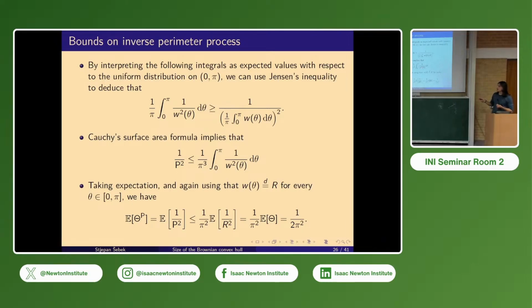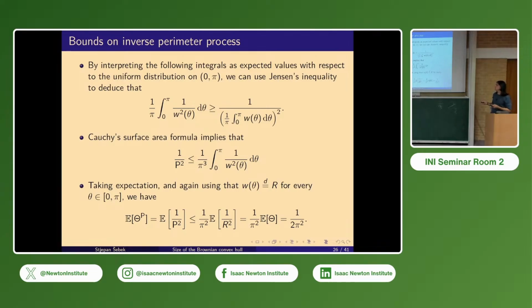So again, as we already commented in one of the first slides, regardless of theta, when you start projecting, you always get something that is the same in law. For every theta, once you project your Brownian motion, you just get one-dimensional Brownian motion. So these things, 1 over w of theta squared, they all have the same law for all thetas.